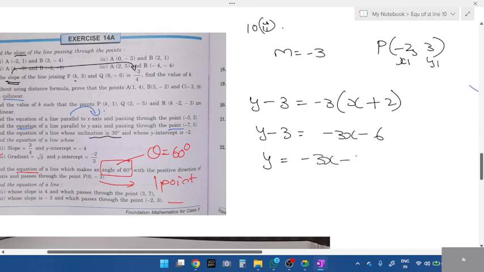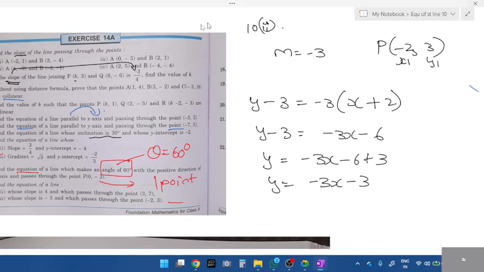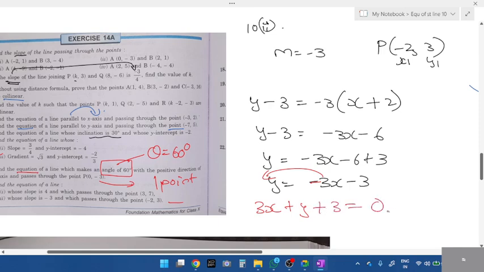Minus 3x plus 3. How do you shift x, students? X is negative, if it goes to the other side it becomes positive. 3x plus y minus 3 shifted to the other side, plus 3 is equal to 0. All of you got the answer?